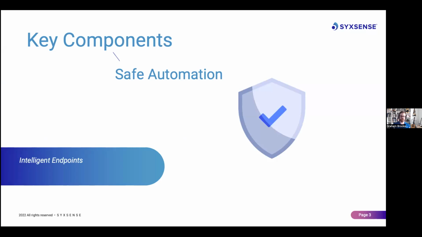And we're not trying to create new problems for your IT team. We're trying to resolve existing problems. So that's our first statement, is as we build this automation, we need to do it in a way that's safe. And if you want a more thorough explanation of that definition of safe, I recommend you look at last month's webcast, and we're going to spend some time architecting that today.